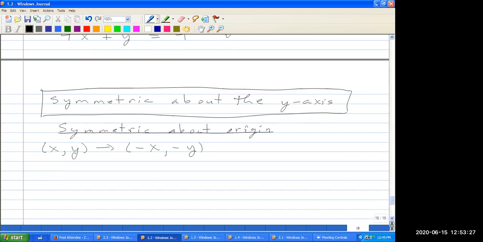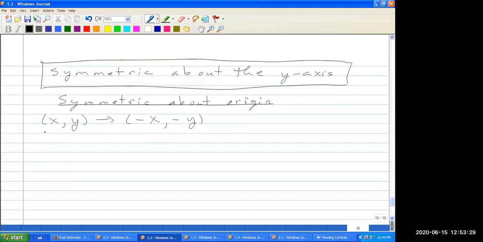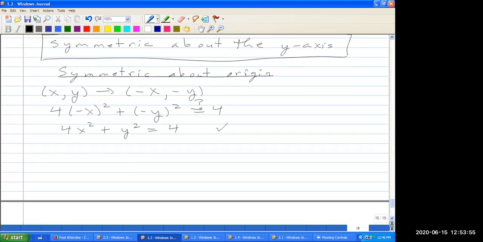And let's see if the relation is invariant under this. So I have 4x squared plus y squared equals 4. So let's see if this is still valid. So the negative x squared gives me an x squared. The negative y squared gives me a y squared. And this is indeed equal to 4. So yes, this is symmetric about the origin.